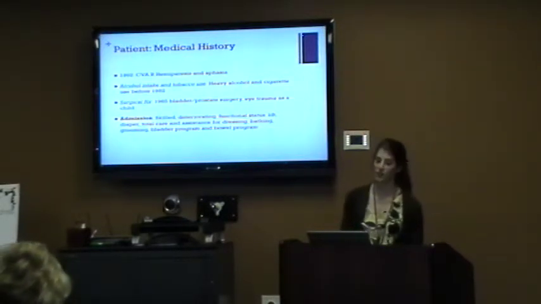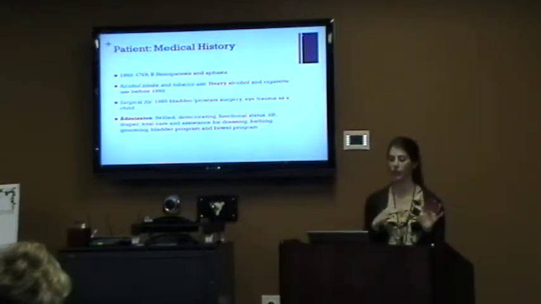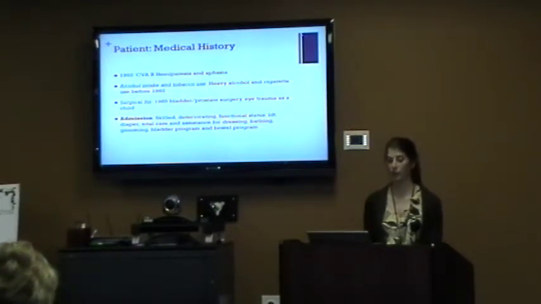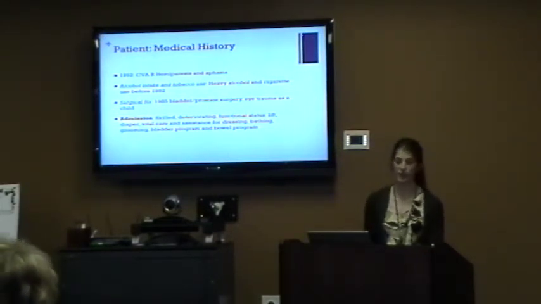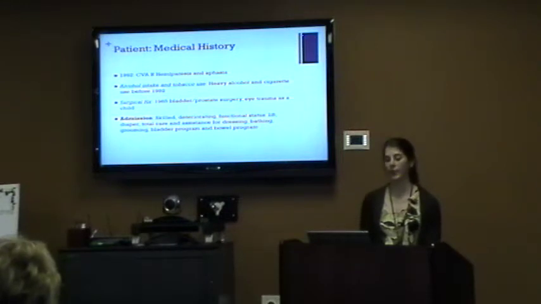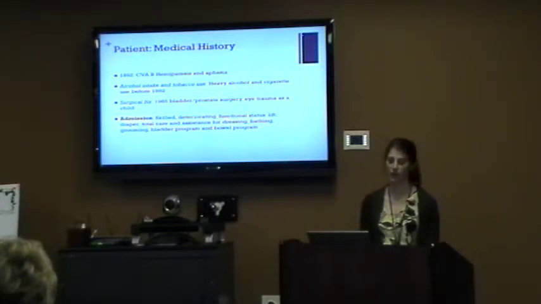So looking at my patient, we're going to start with a little bit of background first. This actually occurred in 1992, his stroke, right hemiparesis, which is the paralysis of his right side, and aphasia. He was a heavy alcohol and cigarette user before 1992, but then he stopped after that.